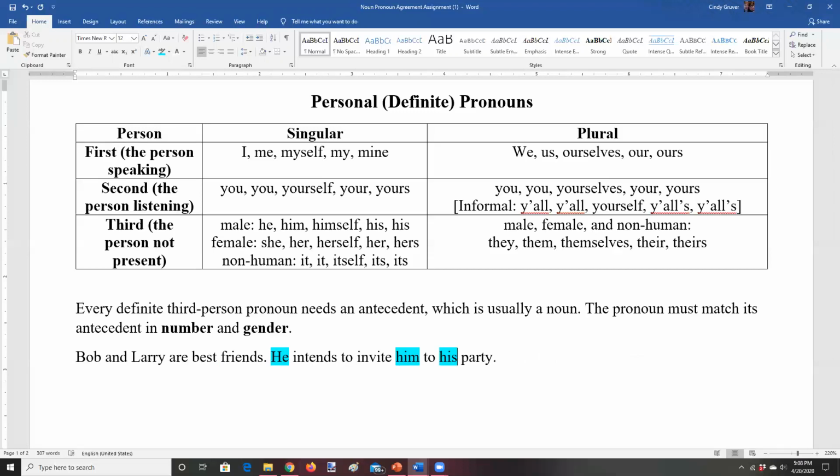And so there's no way of interpreting this sentence for sure and to know who the he one is, and who him two is. So this is an ambiguous sentence. If I were to switch it and say Bob and Mary are best friends, then we would change this to her if it's Bob's birthday. It's completely clear. But when we're in one category, one gender, male, female, or the non-human gender, it is unclear.